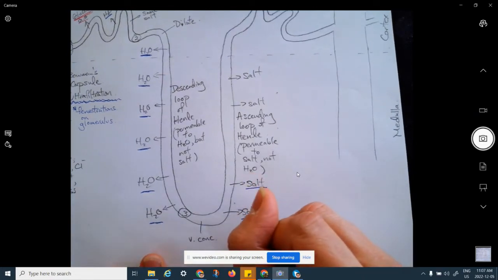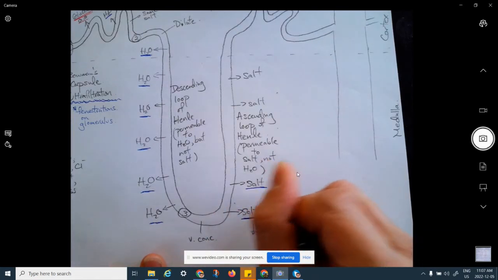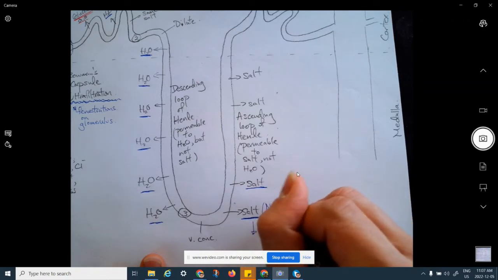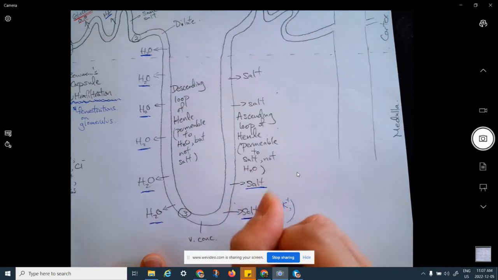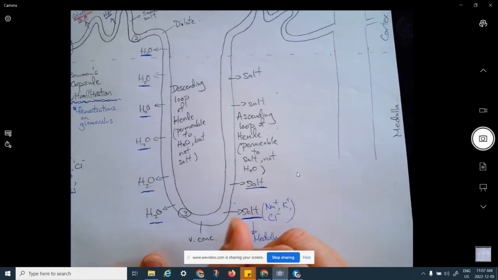This is important simply because it keeps, oh, by the way, I should write this here too, sodium, potassium, and chloride ions. So why is it important? It keeps the medulla very salty. Okay?